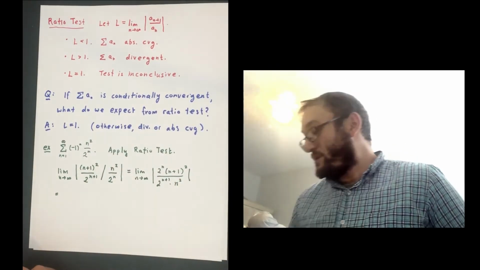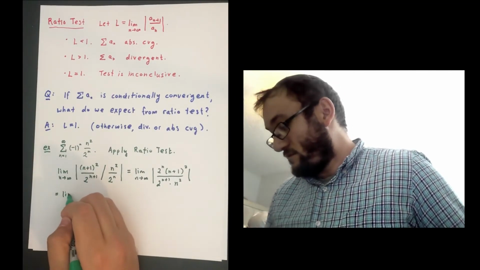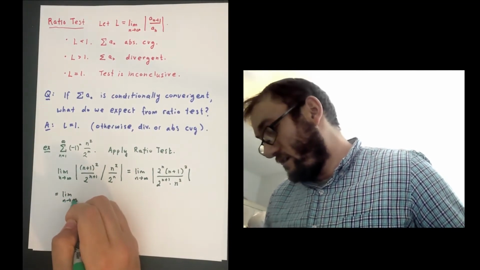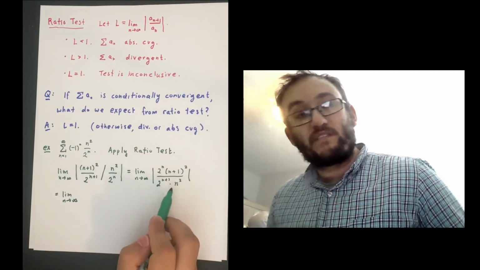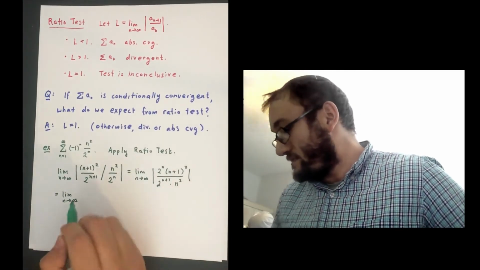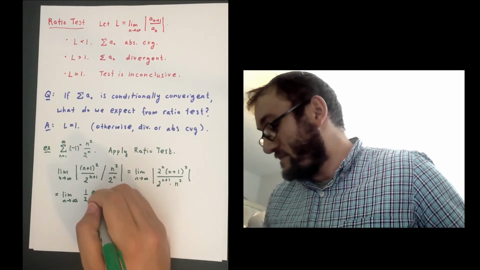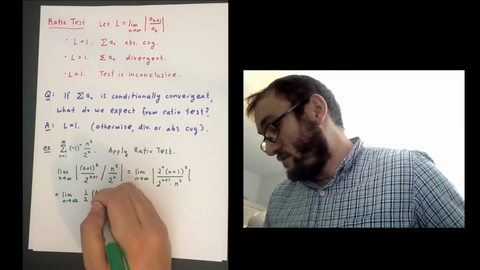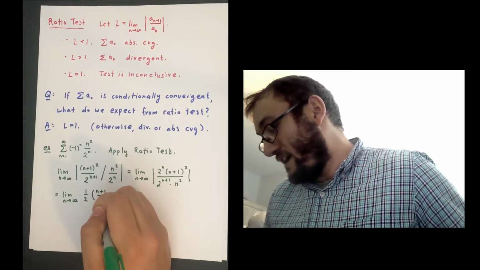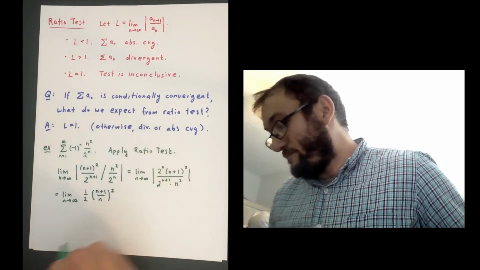This is equal to the limit as n goes to infinity, and because I have no negative terms in here, I'm going to drop the absolute value signs. This is 1/2 times ((n+1)/n) squared.